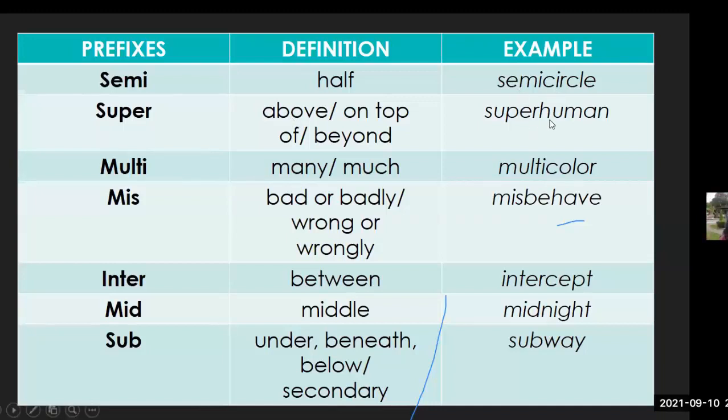So if you add super to the word human, it means that this is not a degree of human, but this is the top of the degree, like superhuman, someone with more qualities than just being a normal human. Multi, that means many, much, right? So you have the word color. If you add the prefix multi, it means that that color or that thing has multiple colors. So many, many colors.